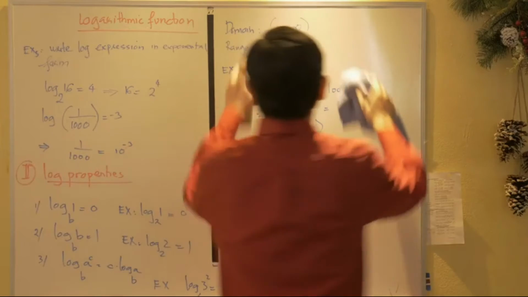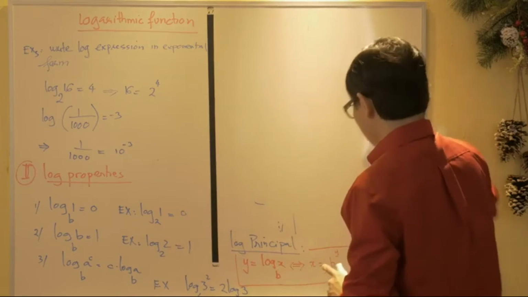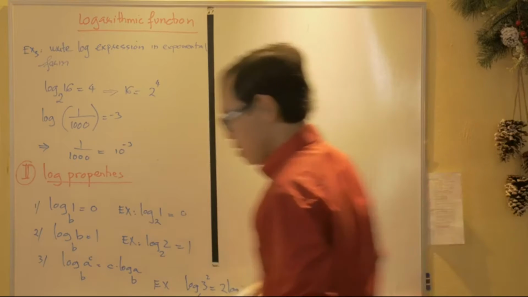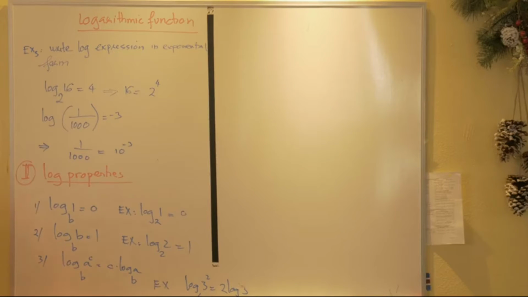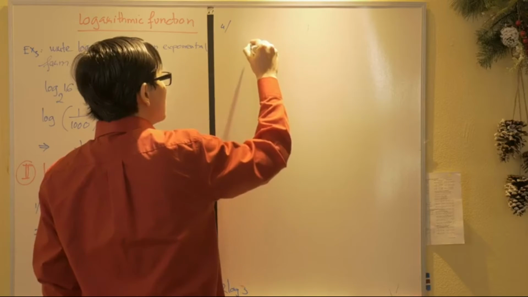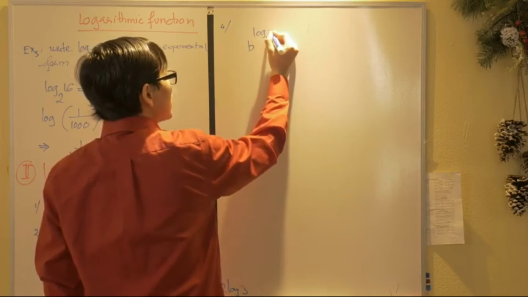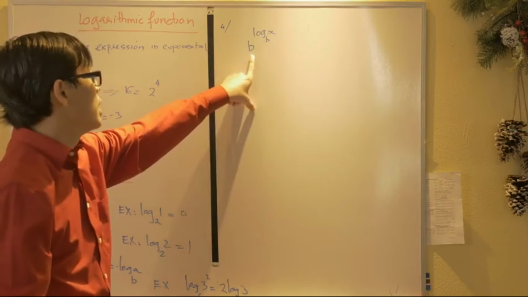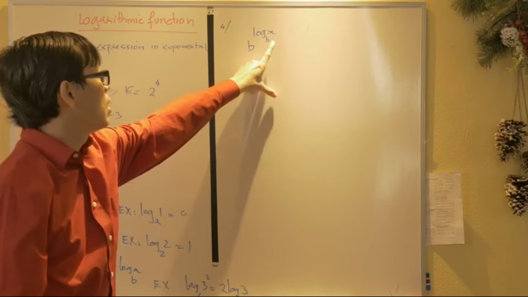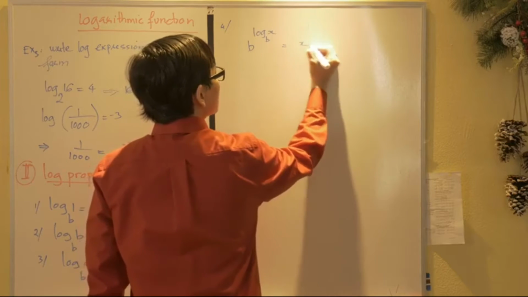Number 4. If I raise b to the log base b of x, where b is the base of the power and b is also the base of the log of x, then this is equal to x.